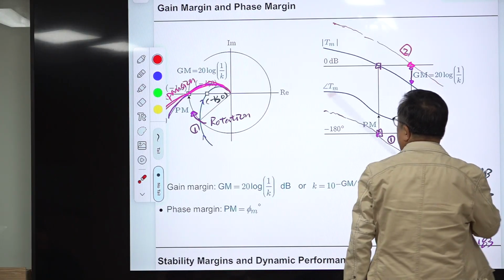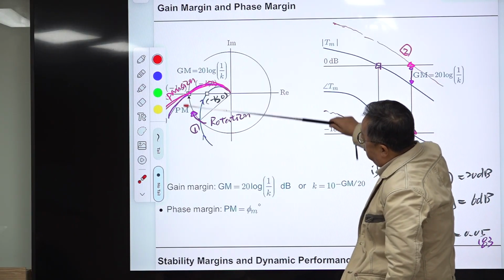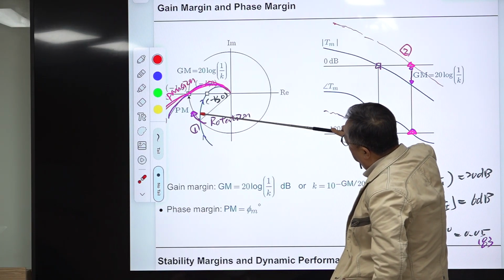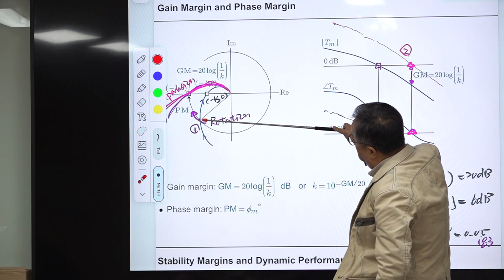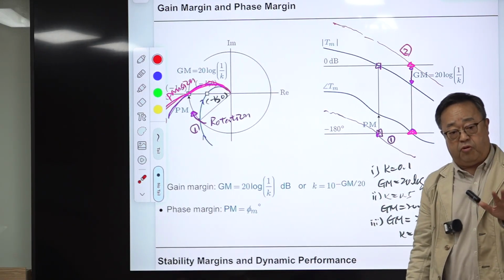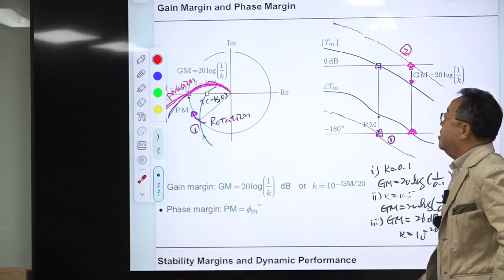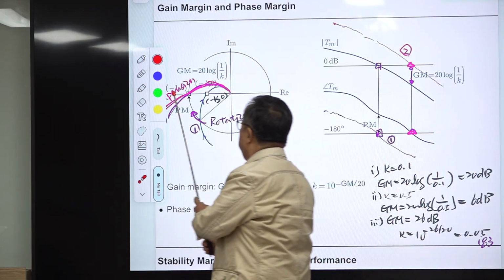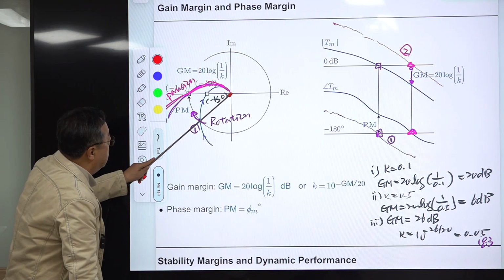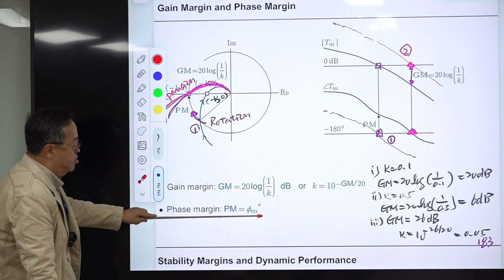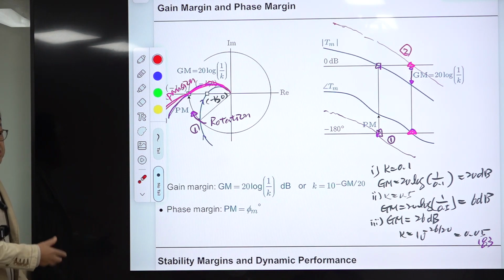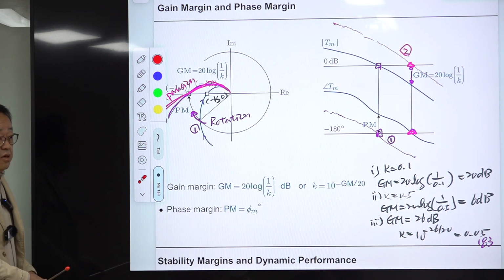So the phase difference between minus 180 degrees and the phase at the point where the polar plot passes the unit circle, meaning the magnitude of the polar plot becomes unity, is defined as the phase margin, phi m. Okay, this is obvious, right?